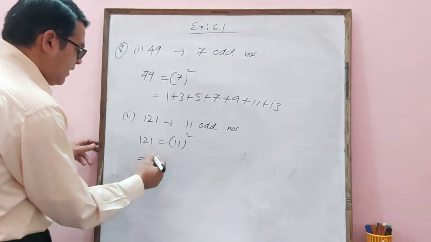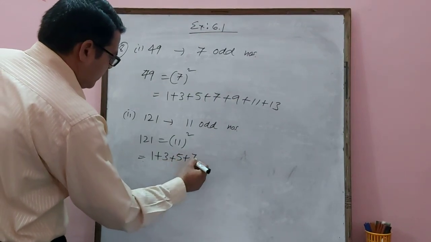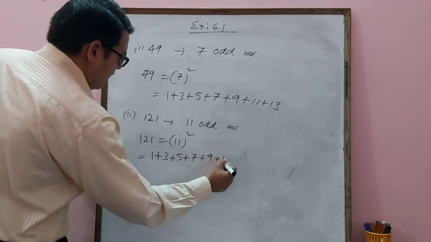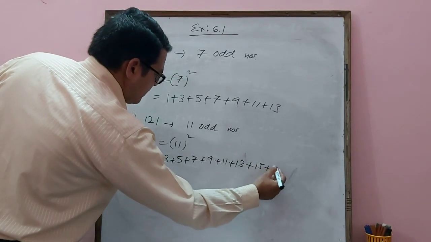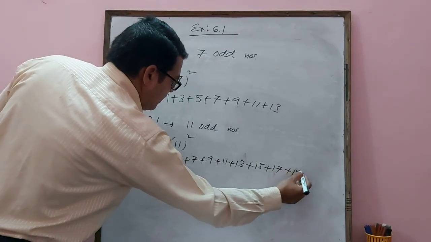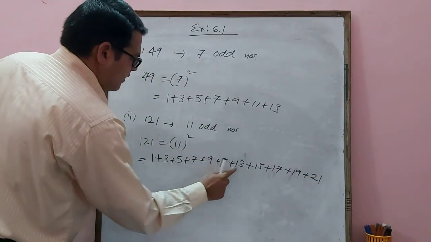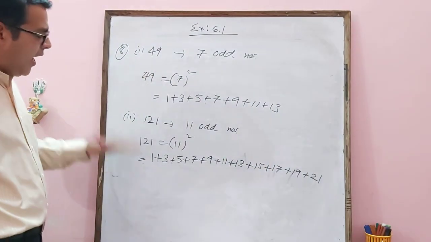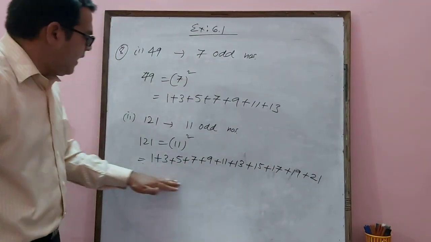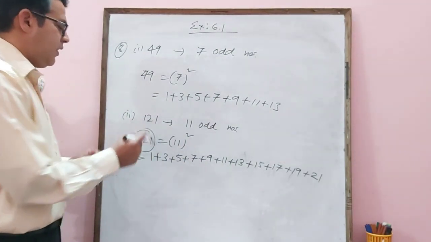So we can write it as 1 plus 3 plus 5 plus 7 plus 9 plus 11 plus 13 plus 15 plus 17 plus 19 plus 21. That is 11 numbers. If we add all these 11 odd numbers together, you will get 121.